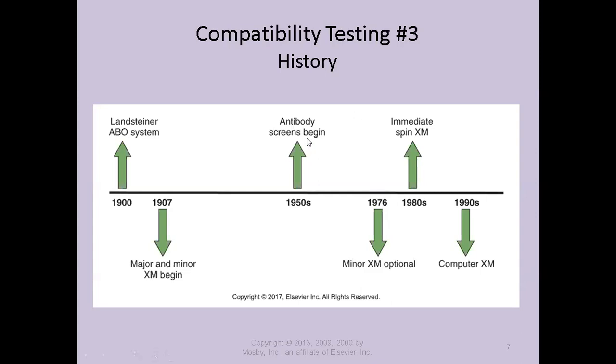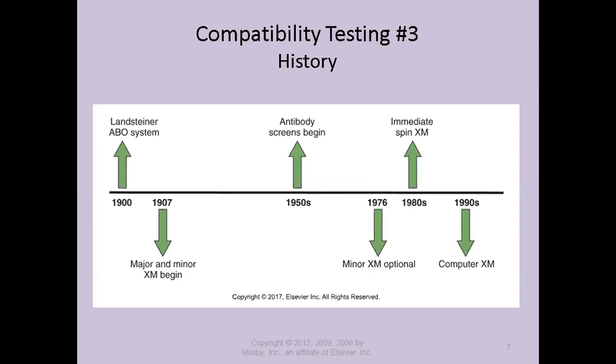So by the 1950s, the antibody screen began. We could see that in 1976, the minor cross-match became optional. In these later 70s and early 80s, transfusion medicine was evolving, and since we had the capability to, in a sterile way, separate donor red cells from plasma and platelets, the thinking was, why are we giving patients transfusions of whole blood?